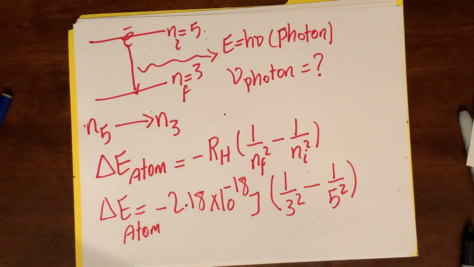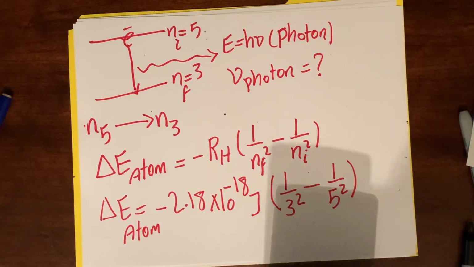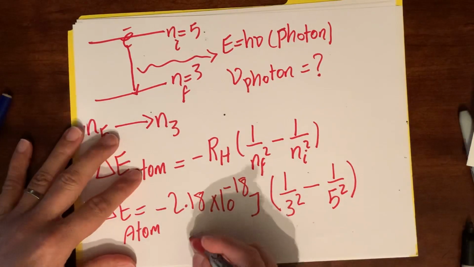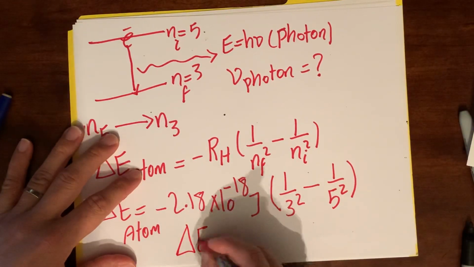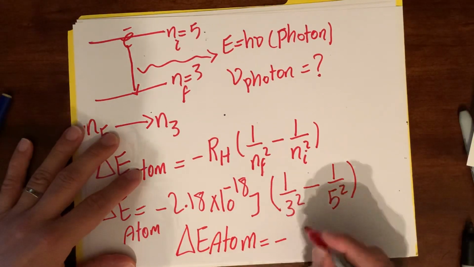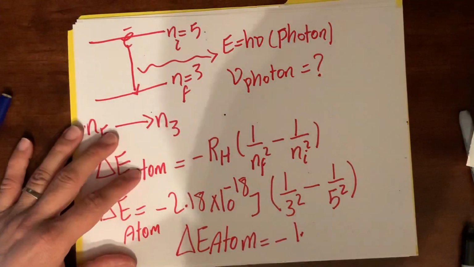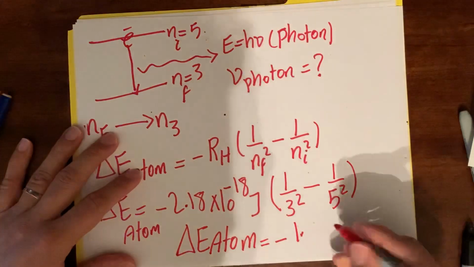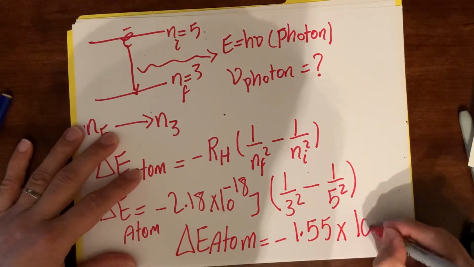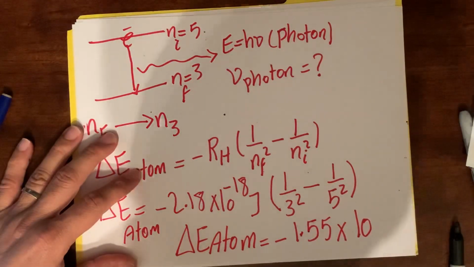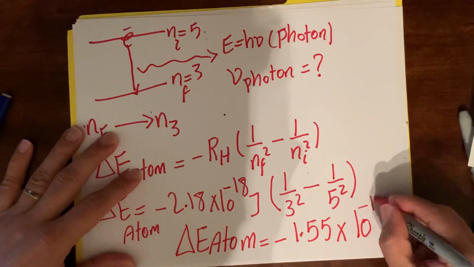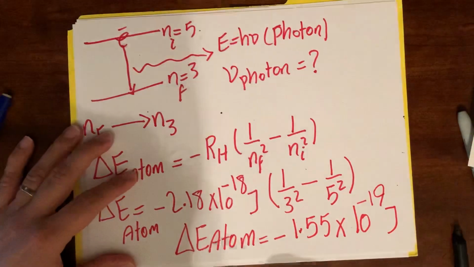I got the number minus 1.55. So delta E of the atom is minus 1.55 multiply 10 to the power of minus 19, unit joule.